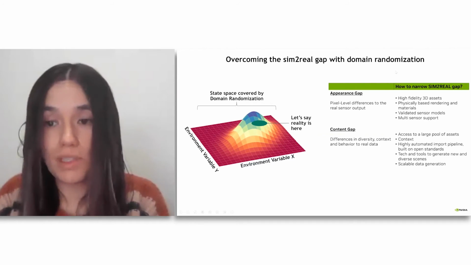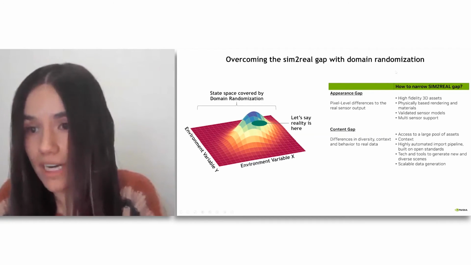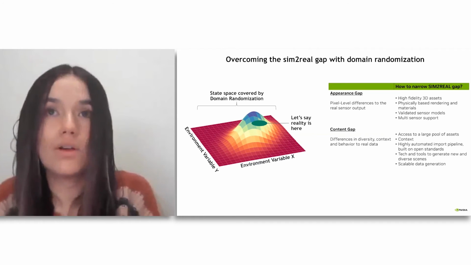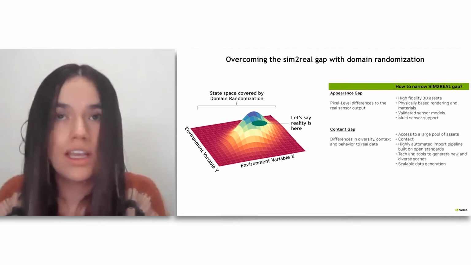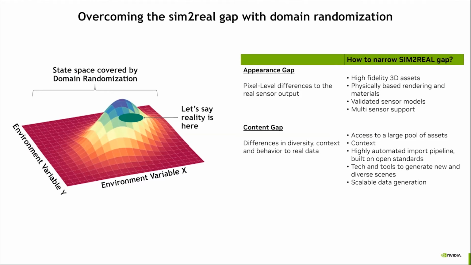However, within Omniverse, we overcome the appearance gap with high fidelity 3D world simulation and physically based materials. So MDL, if you go and look into the Omniverse MDL library, you're going to find materials for metals, wood, and so on. We have validated sensors.